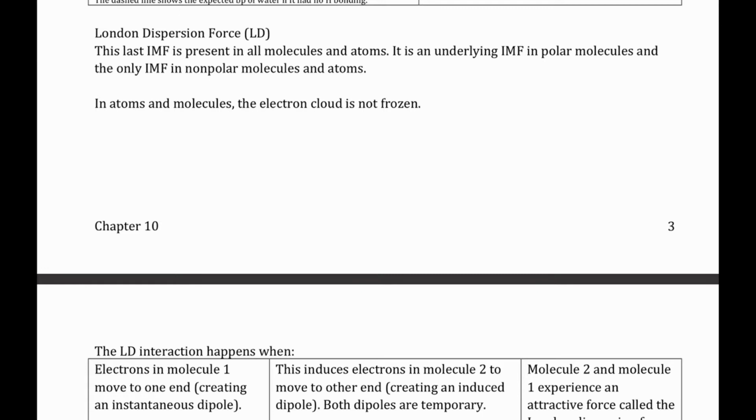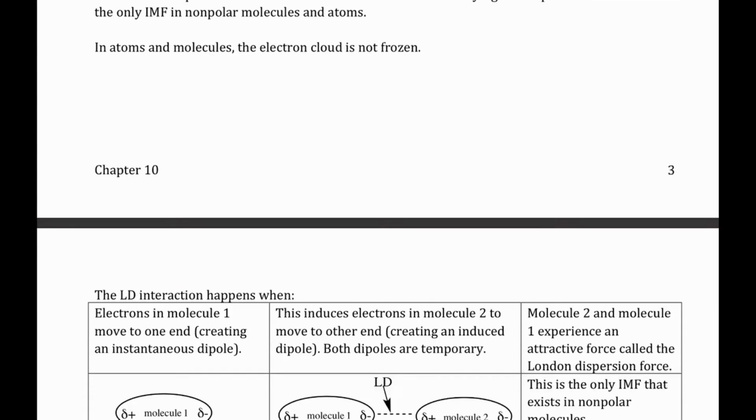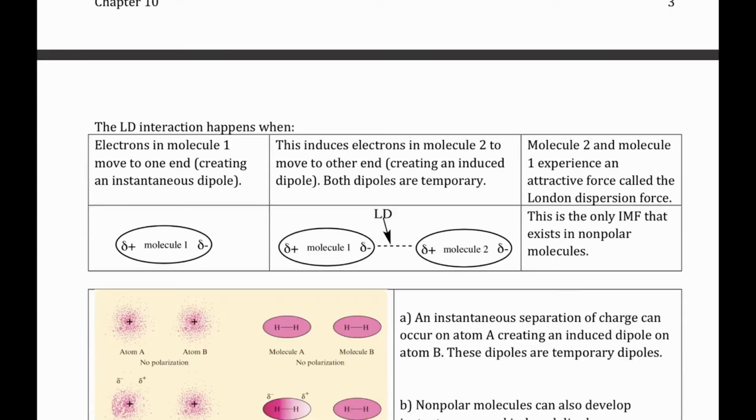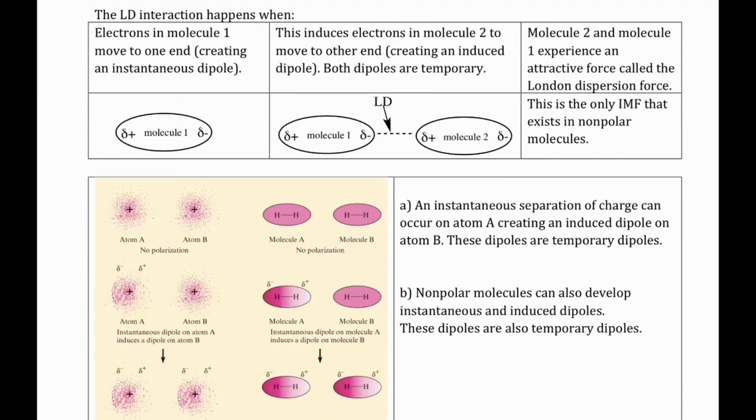In atoms and molecules, the electron cloud is not frozen. The electrons can jump around, and they can spend more time at one end of the molecule or atom than at the other. The London dispersion interaction happens when, let's say we have molecule 1, the electrons in molecule 1 move to one end of the molecule, creating an instantaneous dipole.